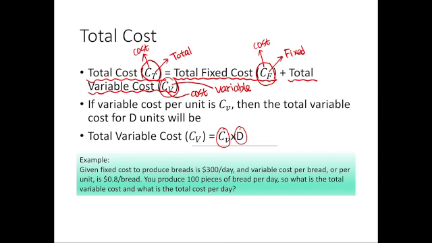And then usually the variable cost is not given as a total number. It's given as a number per unit. Okay, so if variable cost per unit is C lowercase v, so lowercase v means it's per unit, okay?